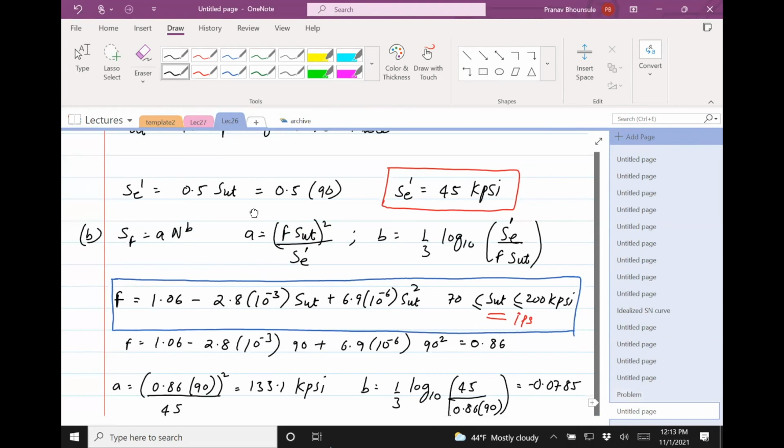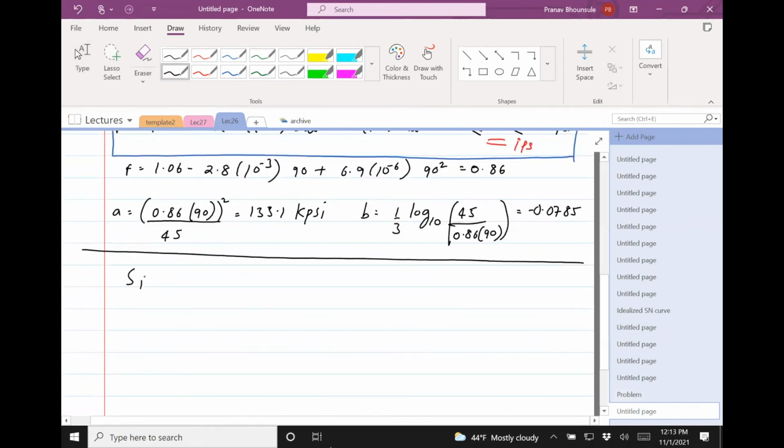So we write SF equals A, which is 133.1, N raised to b. So N is 10 raised to 4, and b is minus 0.0785. So from that, we can find SF, it's 65 kpsi.